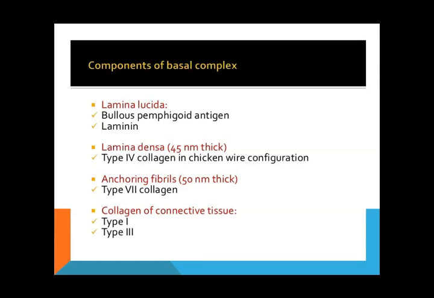Lamina densa is 45 nanometers thick, with type 4 collagen in a chicken-wire configuration. Anchoring fibrils are 50 nanometers thick, type 7 collagen, and the collagen of connective tissue is type 1 and type 3.